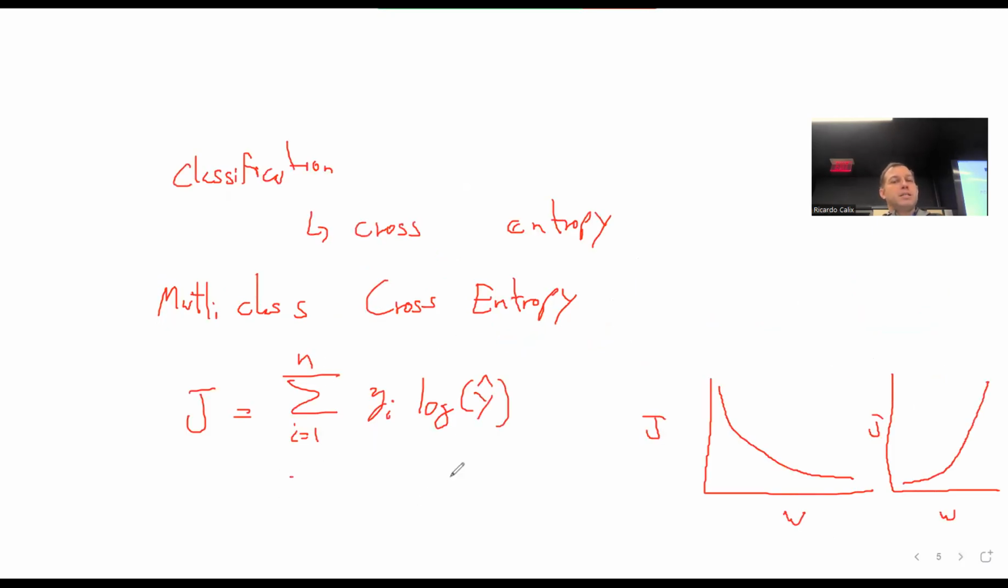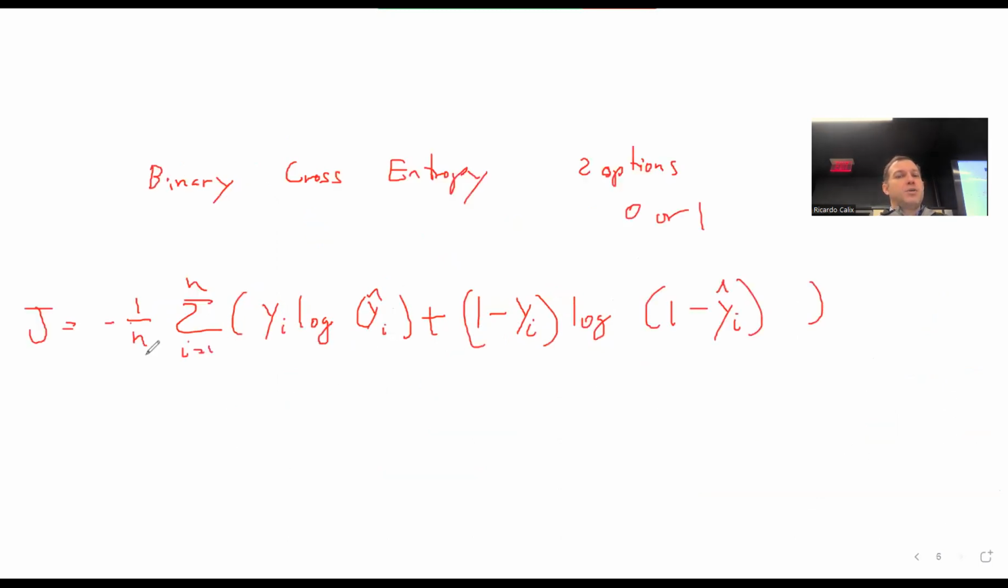Multi-class cross entropy is the same problem of classification, but with multiple classes. Binary cross entropy is actually the same thing, we just write it this way for convenience.